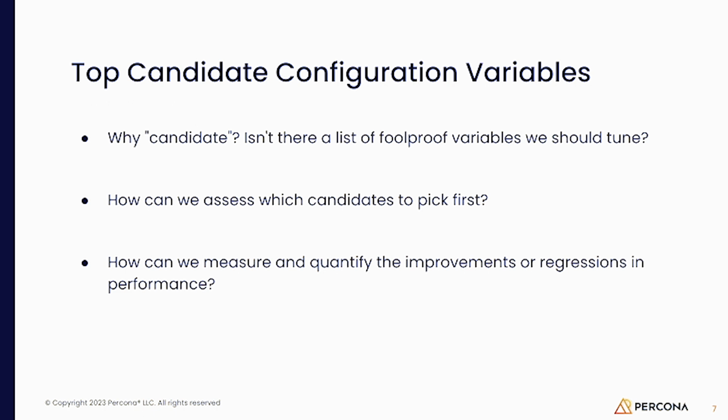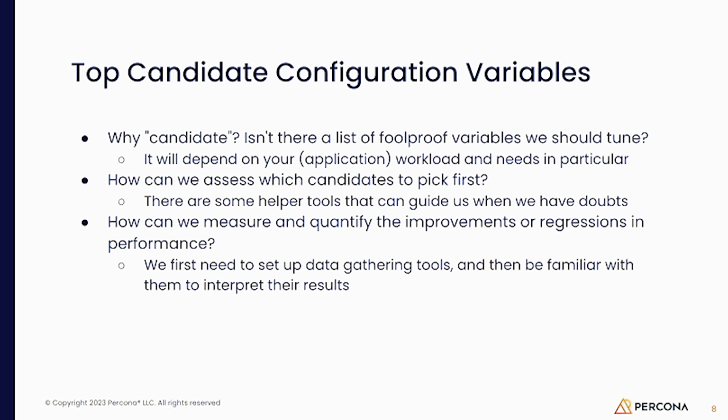And this is why we are adding these last sections at the end, on how we can get this data from our servers and what helper tools we have to aid in this. And then, how can we measure and quantify the improvements?